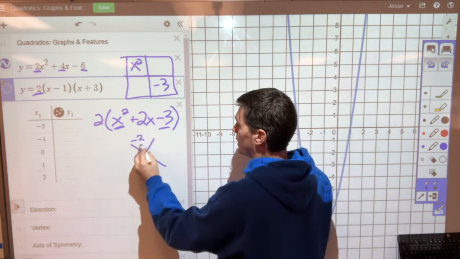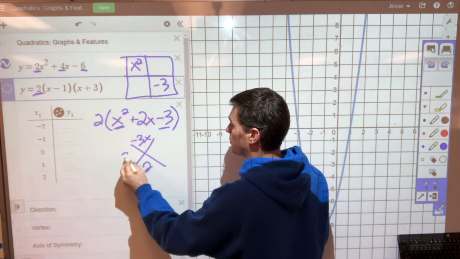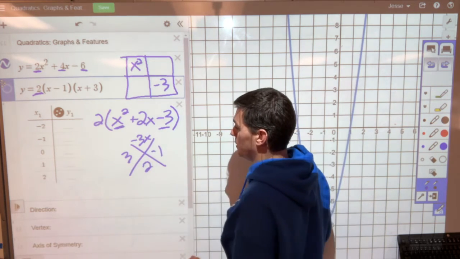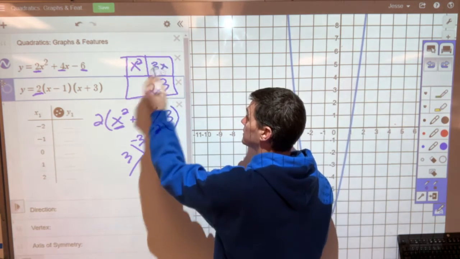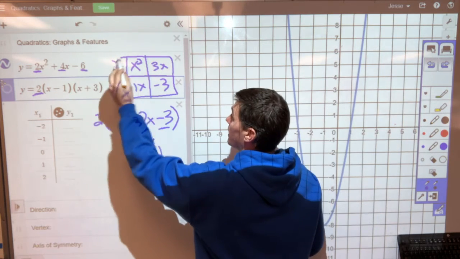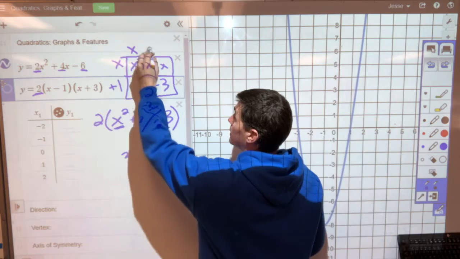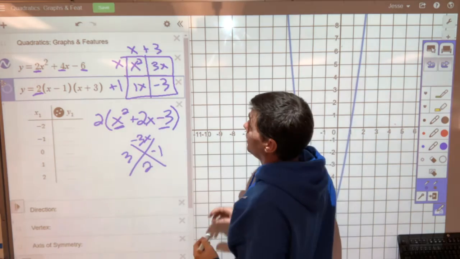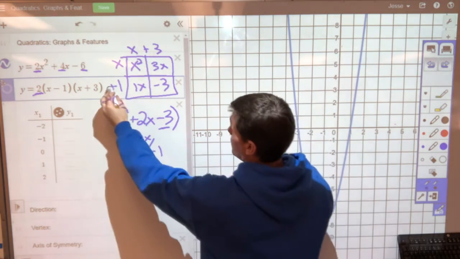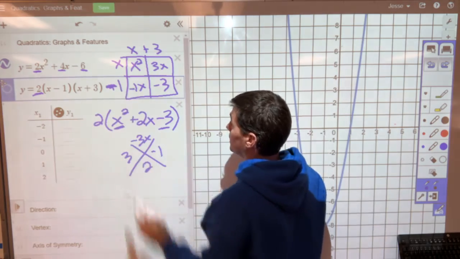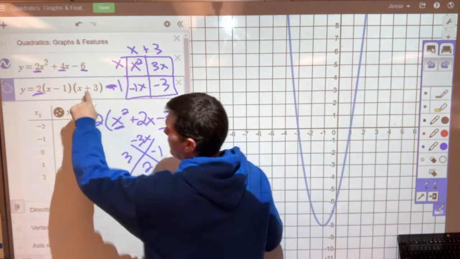We've got negative 3x squared and 2, so 3 and 1 with a negative 1 here. 3x, 1x. We end up with x plus 3 and x minus 1. Put the negative here. And so here we go with our factors.